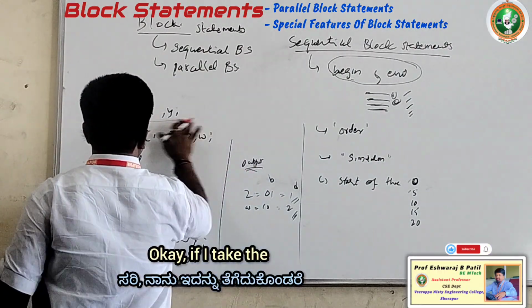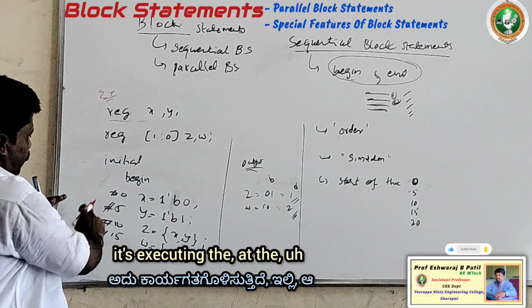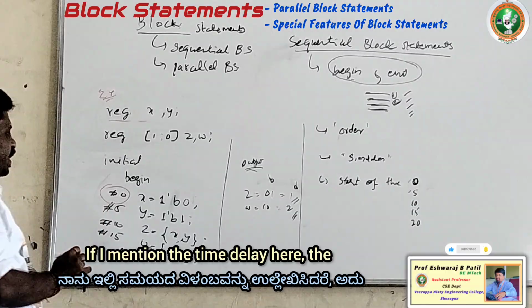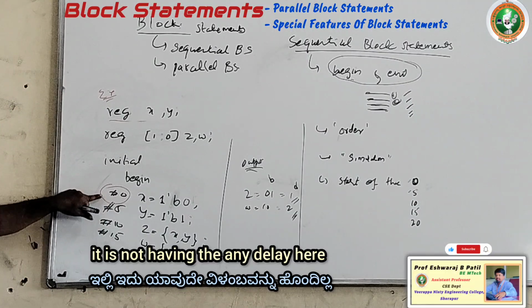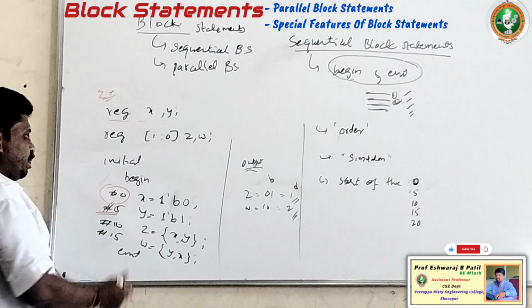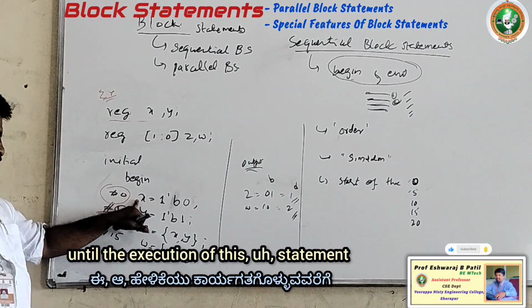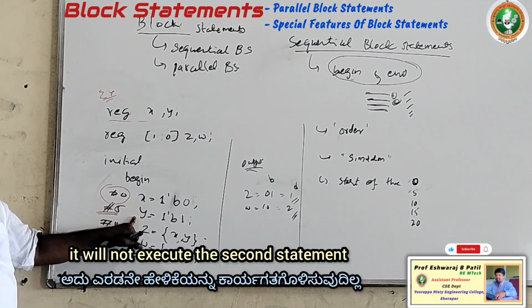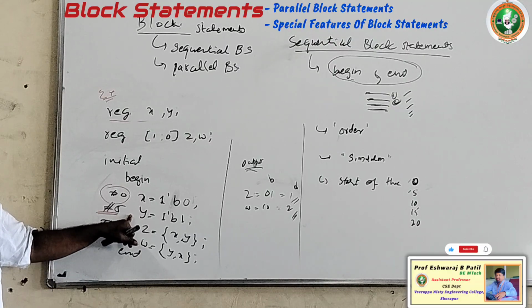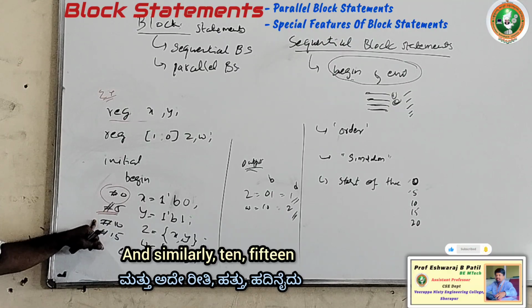If I put 0, it executes with the time delay. If I mention the time delay here, the first statement has no delay, but it takes a delay of 5 seconds. It means until this statement is executed, it will not execute the second statement. How much time does it take after the execution? 5 seconds. And similarly 10, 15.